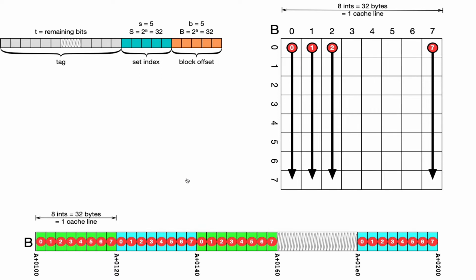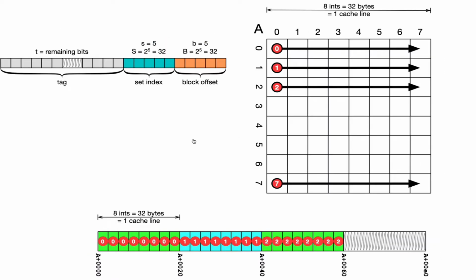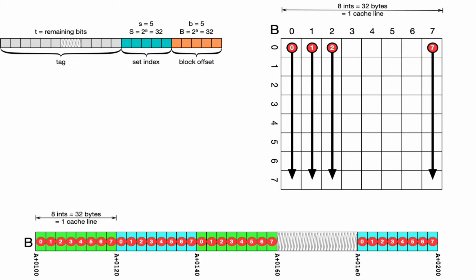Now, if we had an arbitrary amount of space in our cache, this would not be a problem, right? If you think about the pattern back here in A, every time we move to a new row, we get a cache miss followed by 7 cache hits. In B, here we get a cache miss at the beginning of every row, but if those all stayed in the cache, when we went to the rest of the rows in succeeding columns, these values would all already be in the cache, and we'd get cache hits.